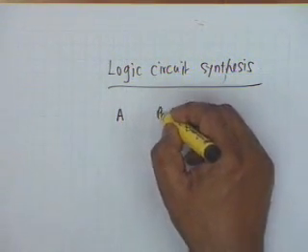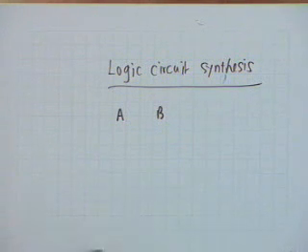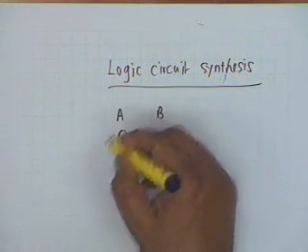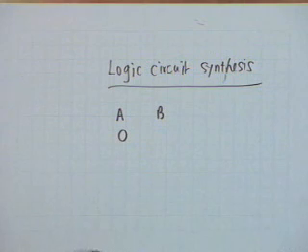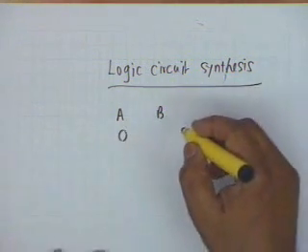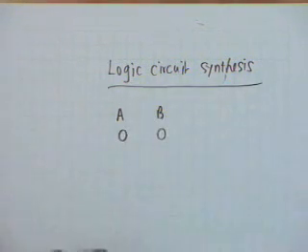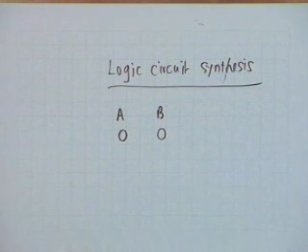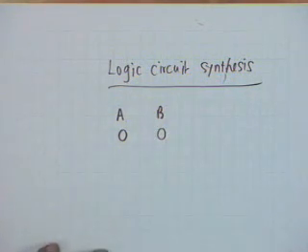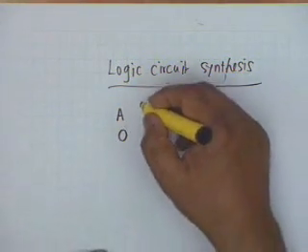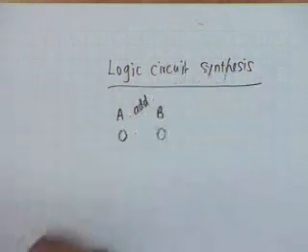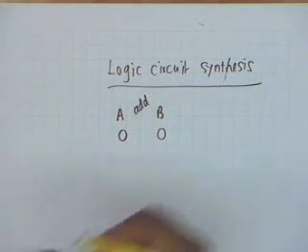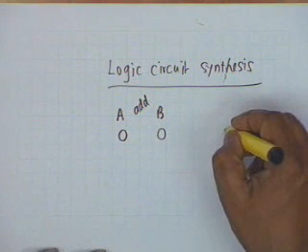two bits, let's say A and B, well, we know it is addition. We know if we add 0 and 0, it's not an OR operation. When we add A to B, 0 and 0, the result is 0.